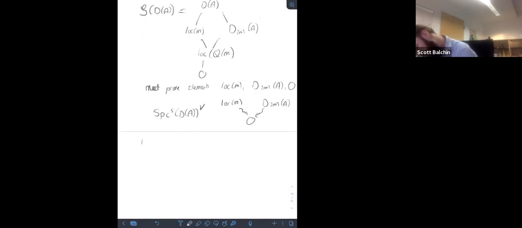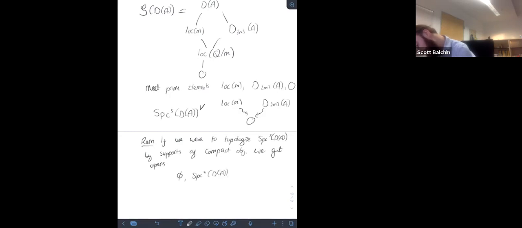And now I can also just remark the following. If we were to topologize this spectrum by supports of compact objects, we get opens: the empty set, the whole thing, and the set {D_m(A), 0}.